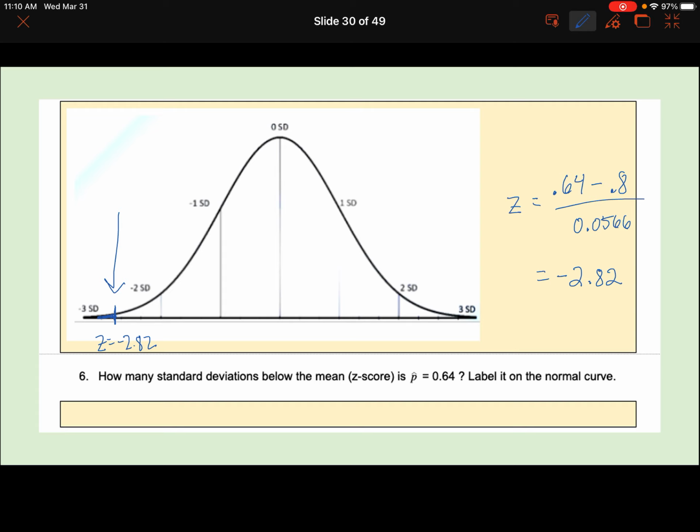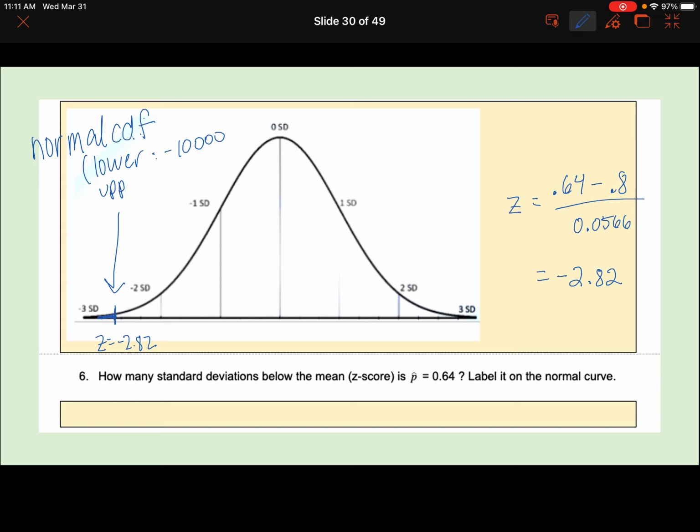All right, with z-scores, you can use Table A to help you find the probability, or you can use normal CDF, which is how I'm going to show you. On normal CDF, it's going to ask you for a few things. Your lower bound is just negative big number.